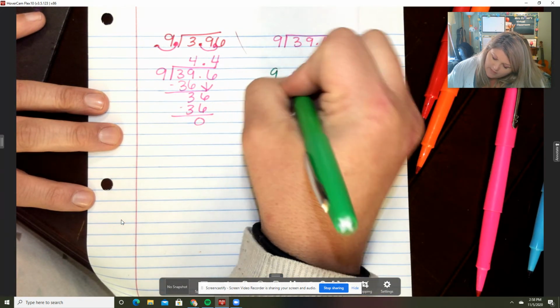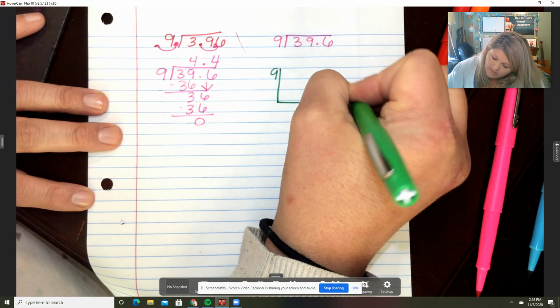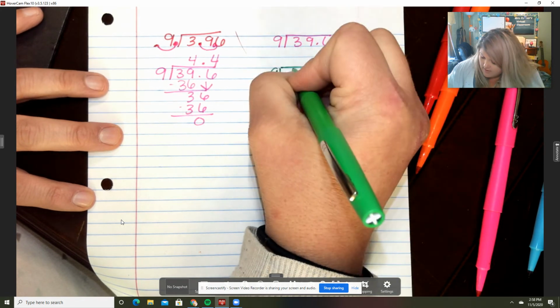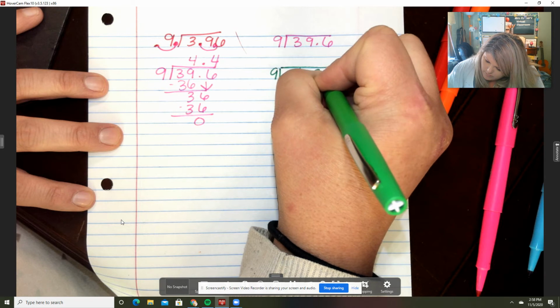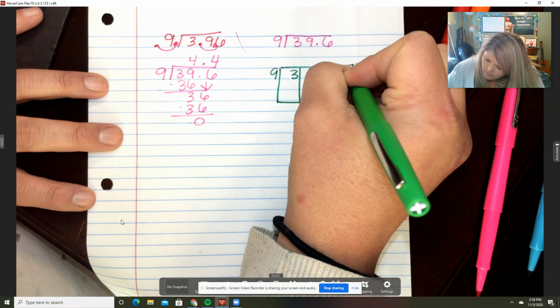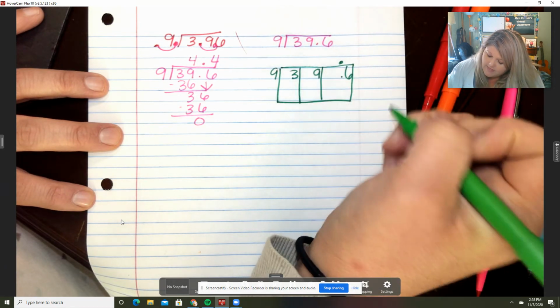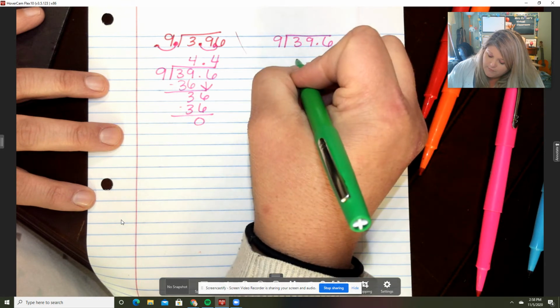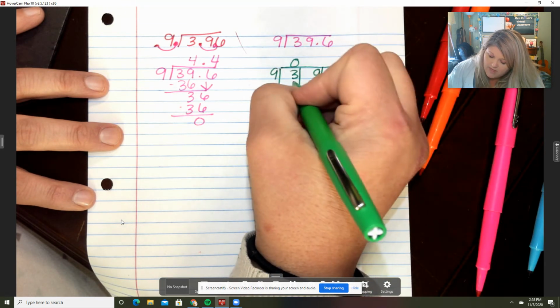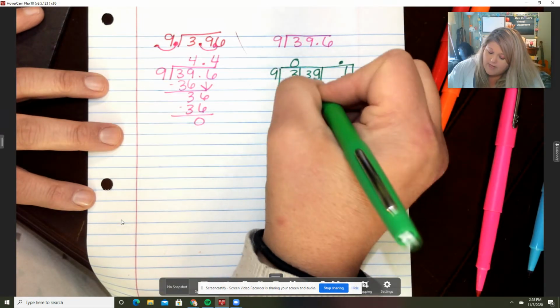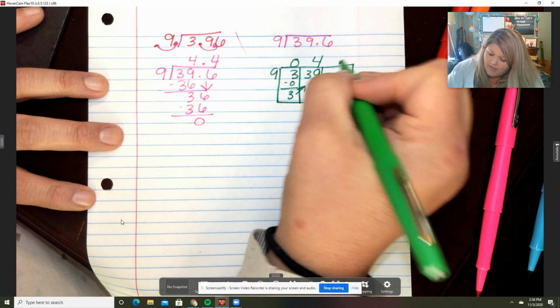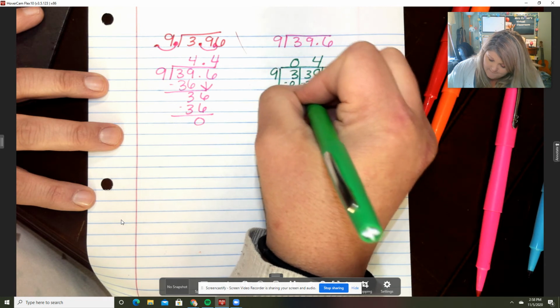But let's do it in the box. Okay, bring up that decimal. 9 goes into 3 no times, and I subtract that, bring that up. 9 goes into 39 4 times. 4 times 9 is 36.